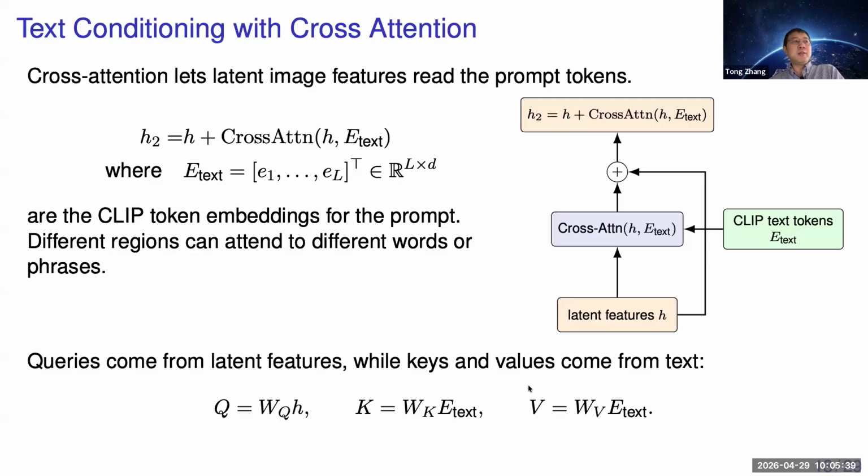Because it's cross attention, you have to compute the K and V from the text, and then you do a cross attention. So that's basically standard cross attention in the transformer paper. So roughly, this is how the text conditioning comes in.